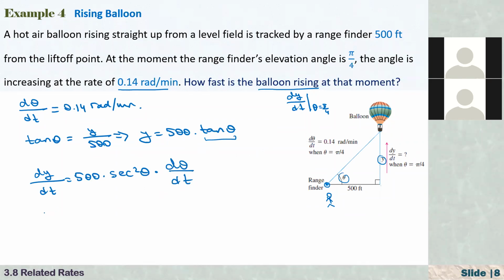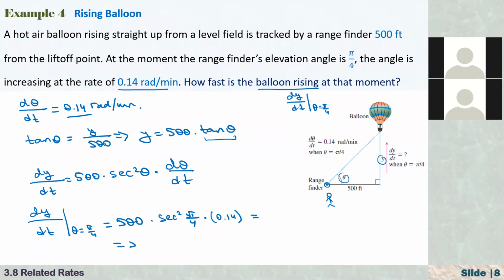So we need to find dy dt when theta is equal to pi over 4, which is equal to 500 times secant squared of pi over 4 times d theta dt, which is given, 0.14. That's equal to 500 times 0.14, that's 5 times 14, that's equal to 70.